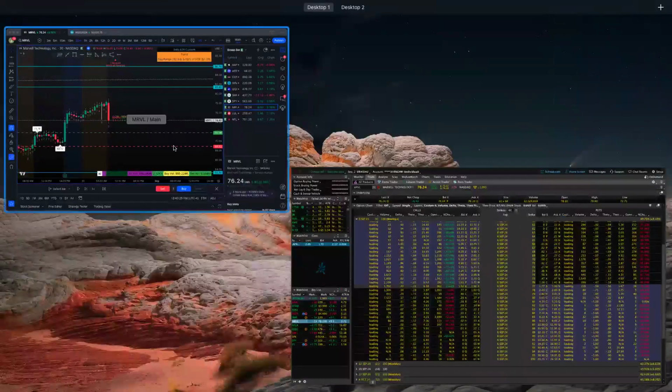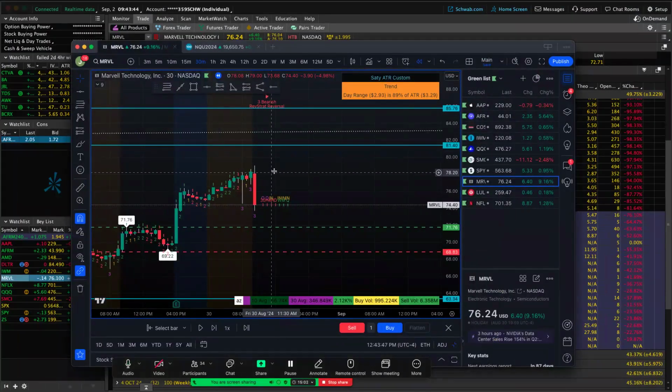So when I was looking at Marvel, I'm looking at the contracts that are here. Even though we're here, I'm looking at the contracts that are either at the money, at the target, or at that double ATR target. If we're at $78, this is a $3 move.